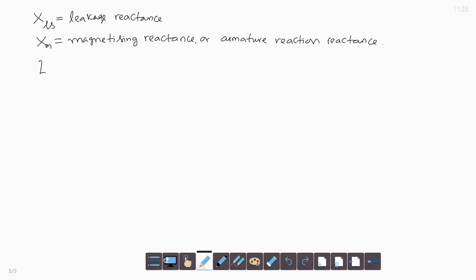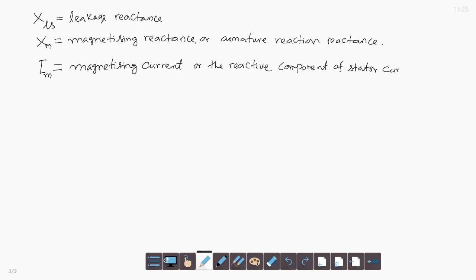And for this Xm we have the magnetizing current Im. Im is the magnetizing current, or the reactive component of stator current Is.